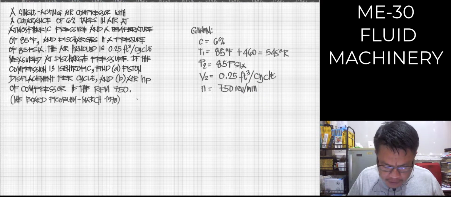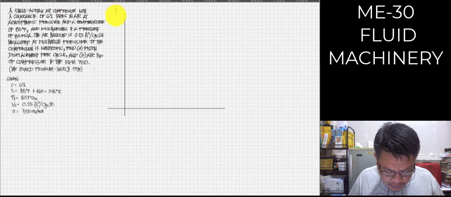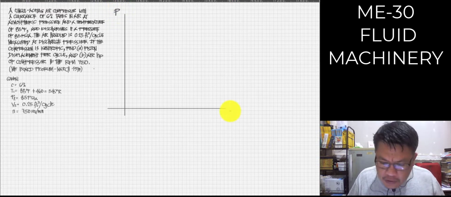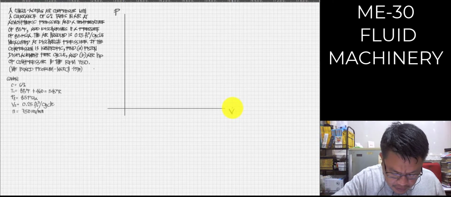Now I will be drawing my PV diagram here, with pressure on one axis and volume on the other. We need to plot these values in our PV diagram.